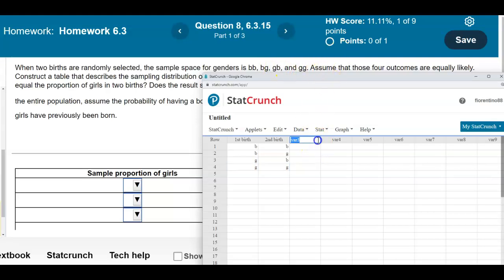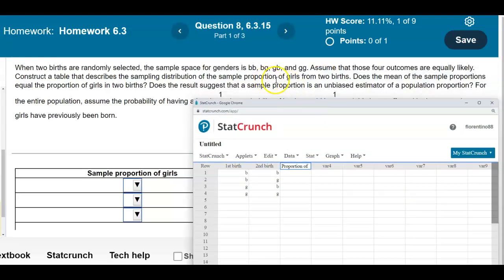Okay, so now we want to find the proportion of girls from two births.